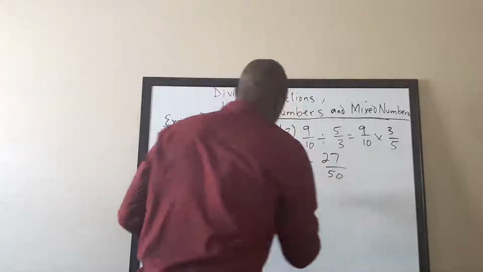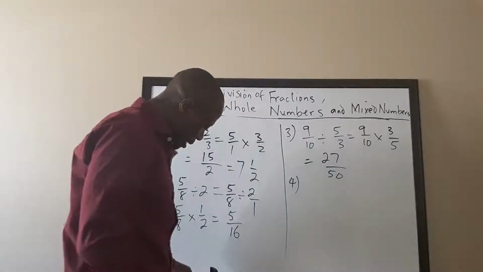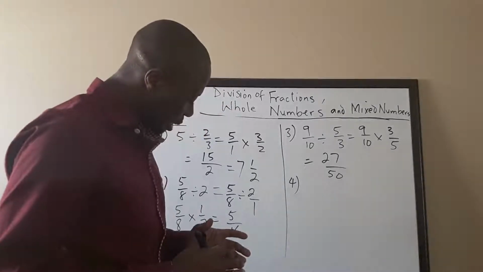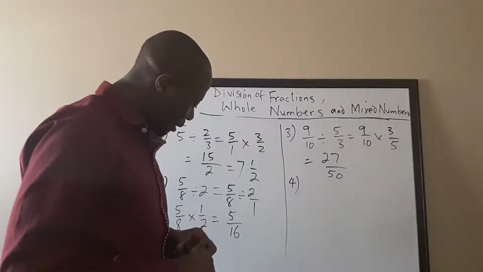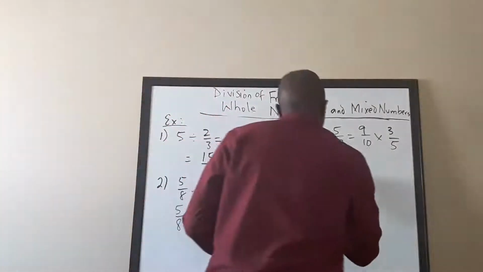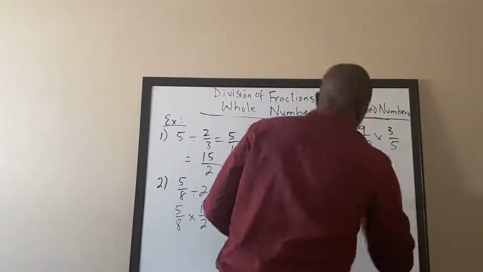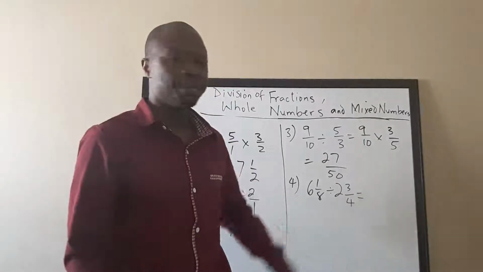Example 4. At this point, let's try a question that is dealing with mixed numbers. 6 1 over 8 divided by 2 3 over 4.